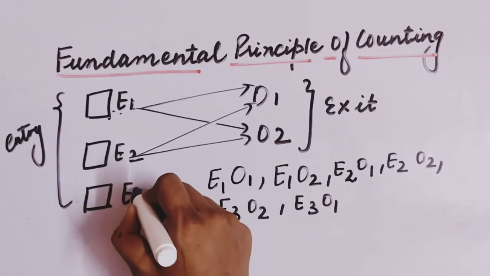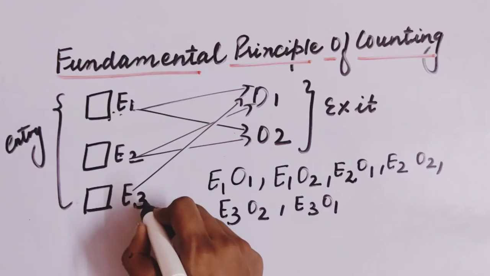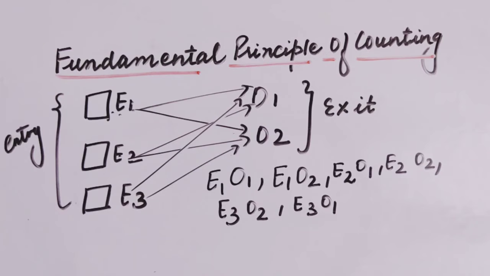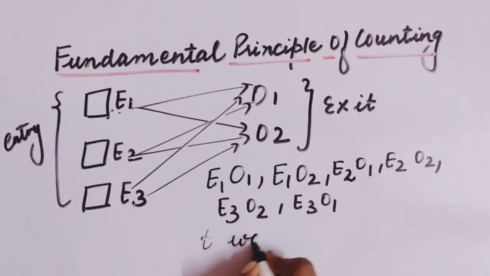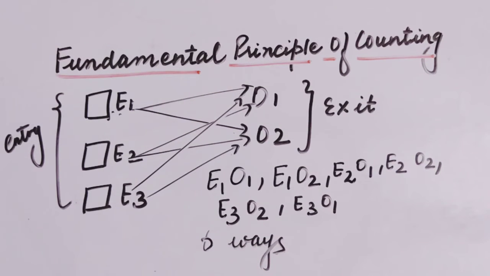She is entering by E3 but exiting by O1. She is entering by E3 but exiting by O2. So how many ways are there to enter the hall and leave the hall? Totally, there are 6 ways. So there are 6 ways to enter and to exit the cinema hall.